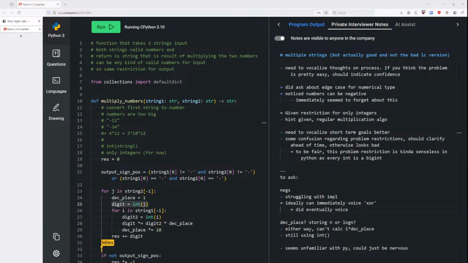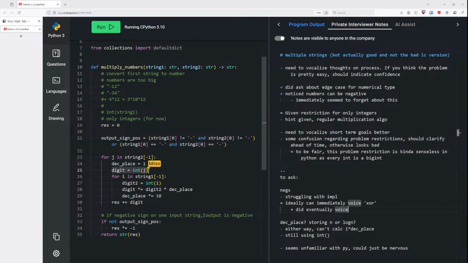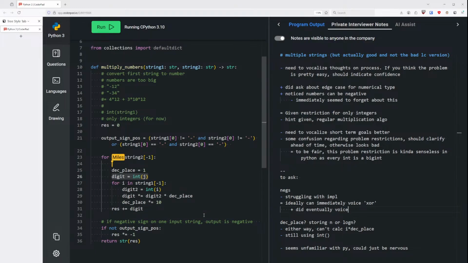Say one string that is negative. And then I want to make sure I don't mess up my algorithm by including the negative signs.